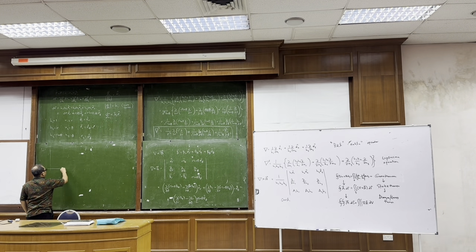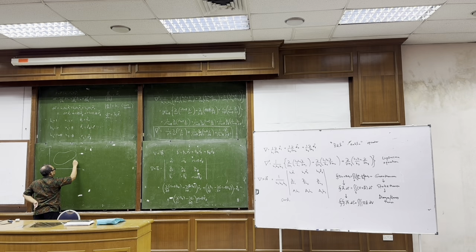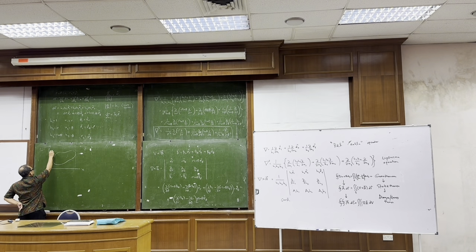So let's say you have x and y, and this is some closed area. From here, the minimum x and maximum x are a to b of x.